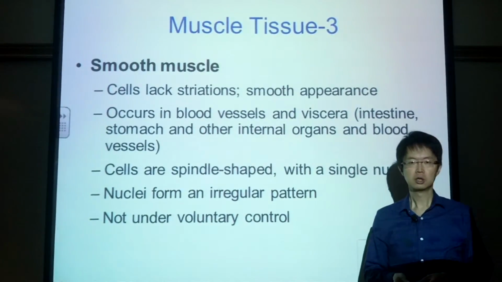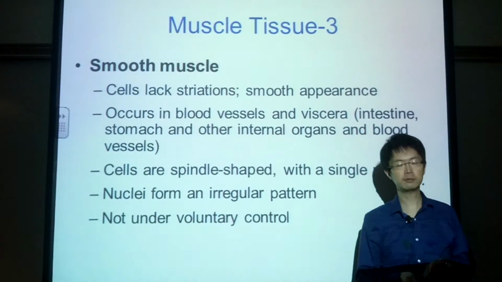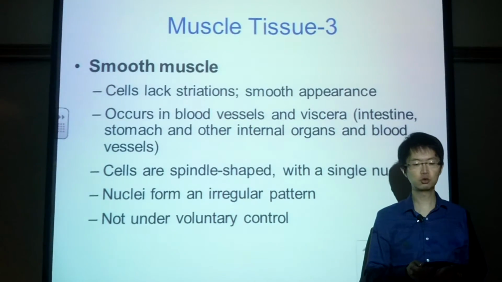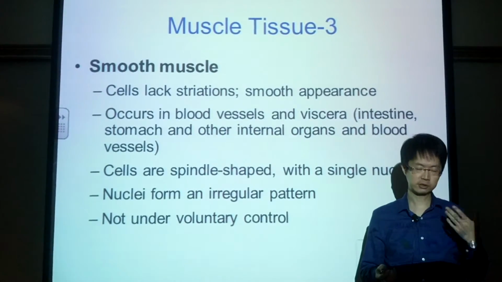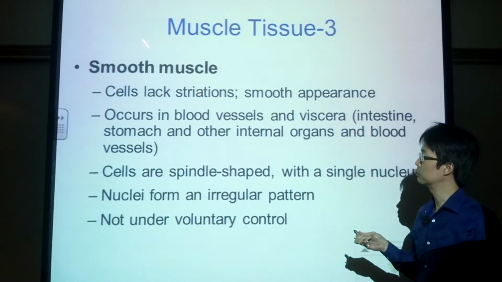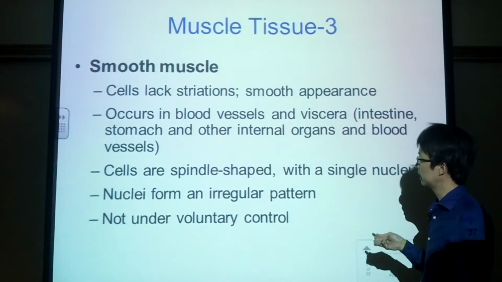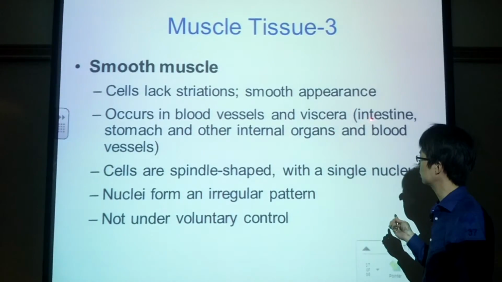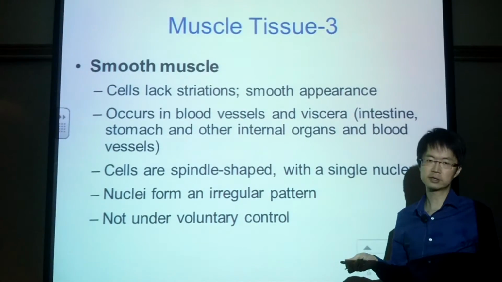Smooth muscle. The reason we call it smooth muscle is that when we look at the smooth muscle under the microscope, they do not have striation. When they do not have striation, they look smooth. That's why we call it smooth muscle. You can find it in blood vessels or visceral organs, intestines, stomach, or other internal organs. They are spindle shaped instead of cylindrical.